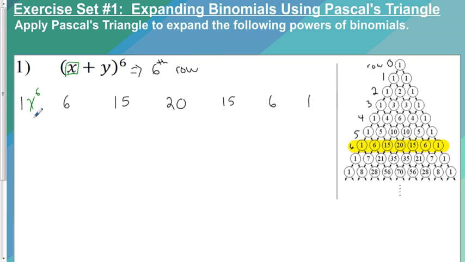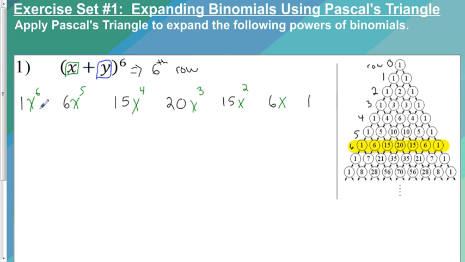And we learned in the previous video that your exponents decrease by 1 each time. And so this is going to be x to the 5th, x to the 4th, x cubed, x squared, x to the 1st, and nothing here. And then I take the second term, which is y, and I fill it in.